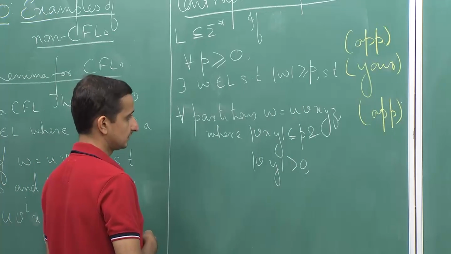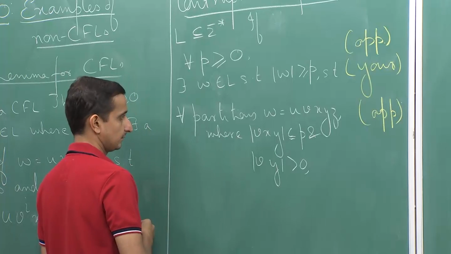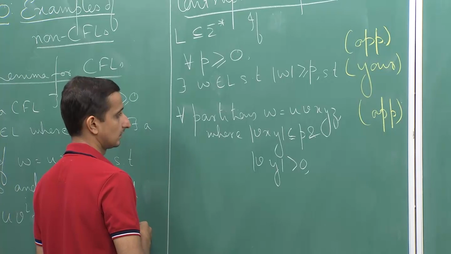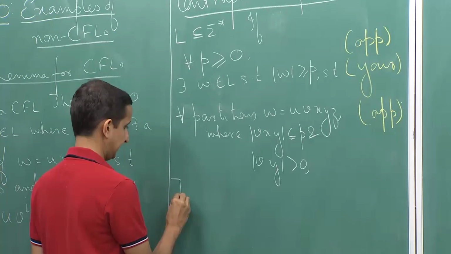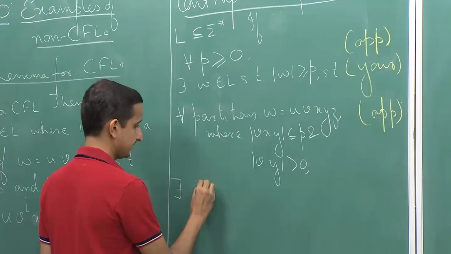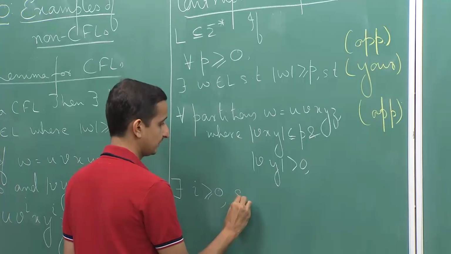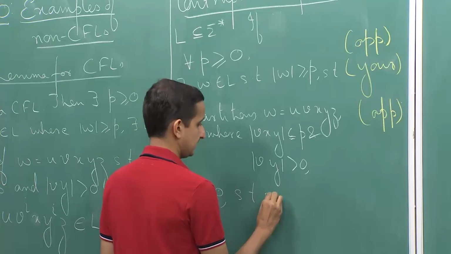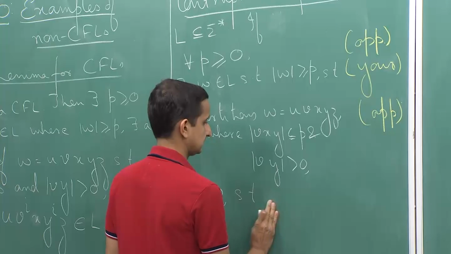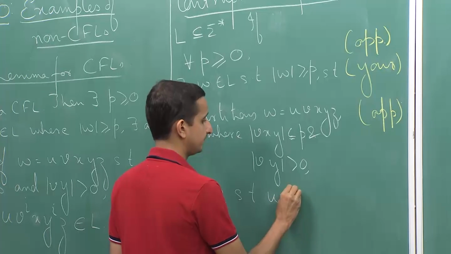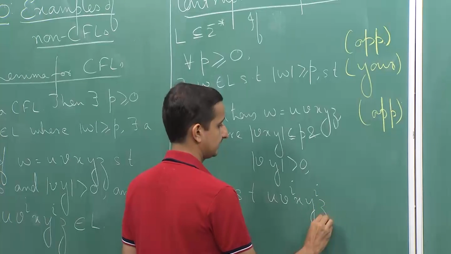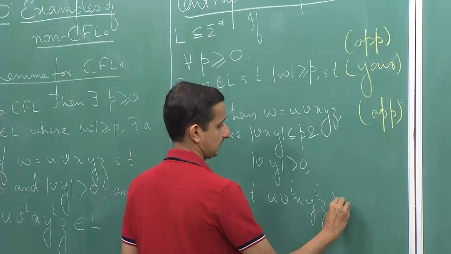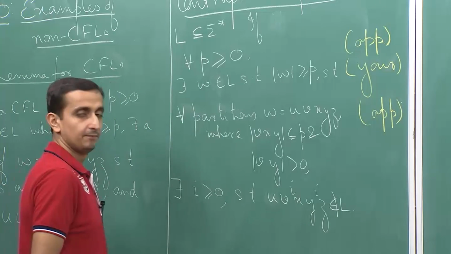For all partitions, there exists i greater than or equal to 0 such that u v to the power i x y to the power i z does not belong to L. Okay.